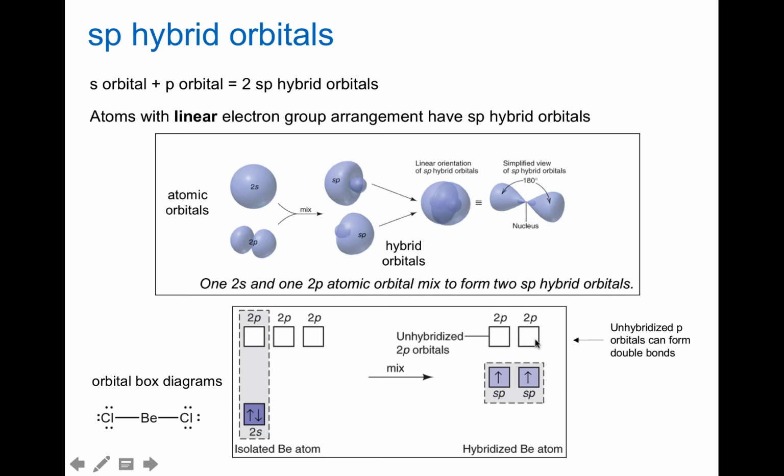We also have 2 unhybridized orbitals, which can result in double bonding, which we'll talk about a little later in the chapter. But each of these hybrid orbitals has space for 1 more electron, and that represents where the bonding is going to occur. The chlorine atom is going to come in and fill that space with its electron. So each of these partially filled hybridized orbitals represents a single bond that can occur with that atom.